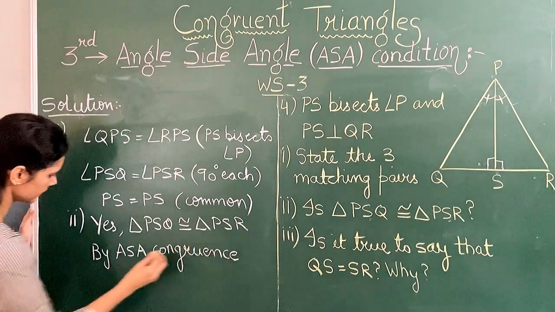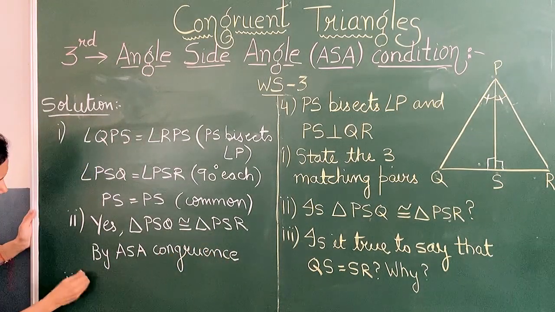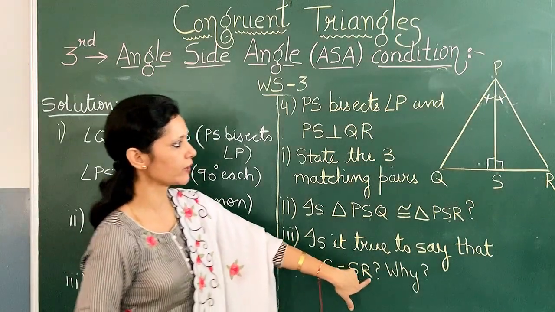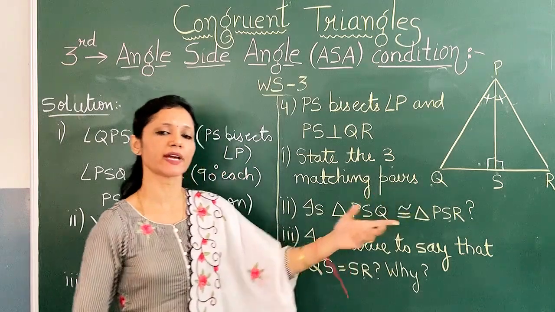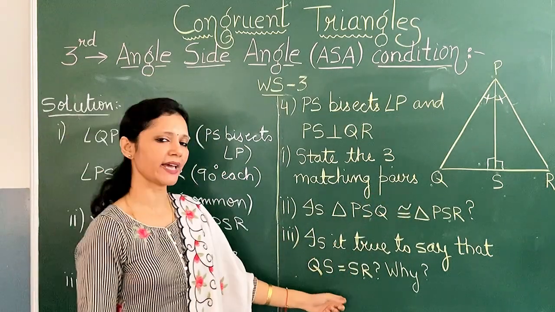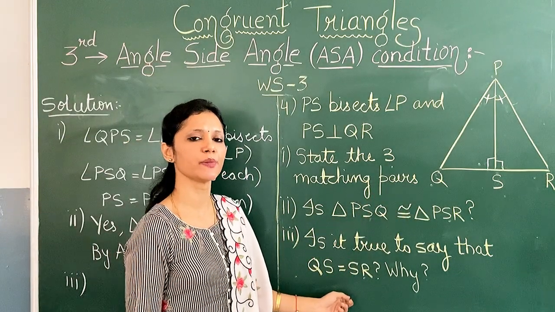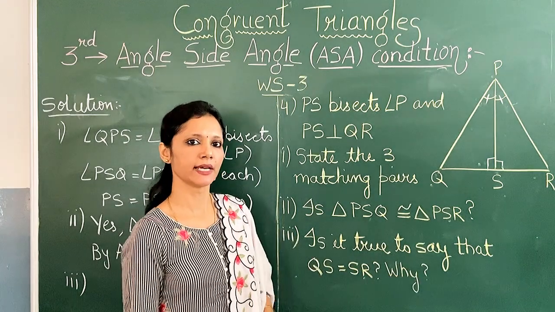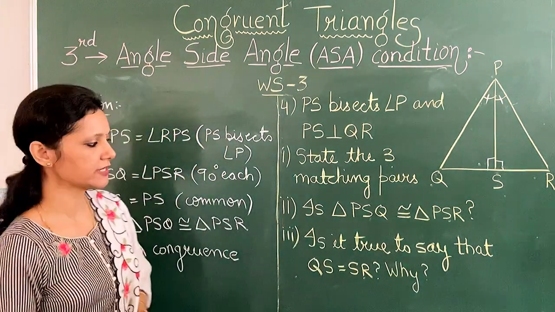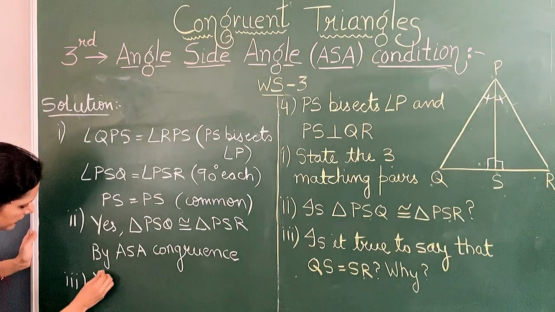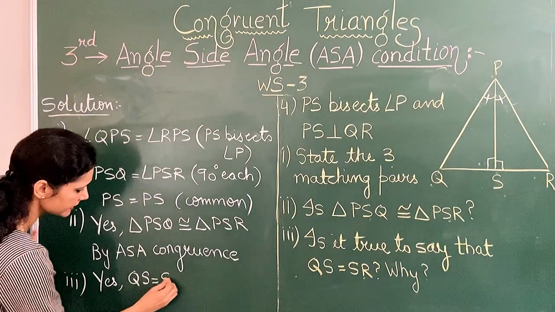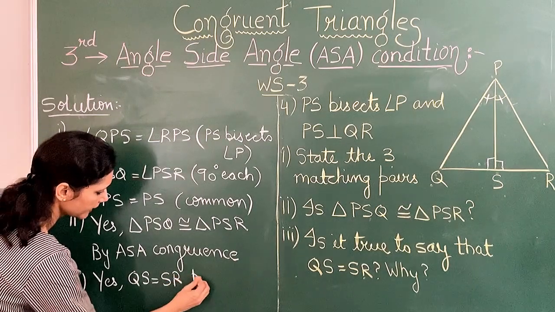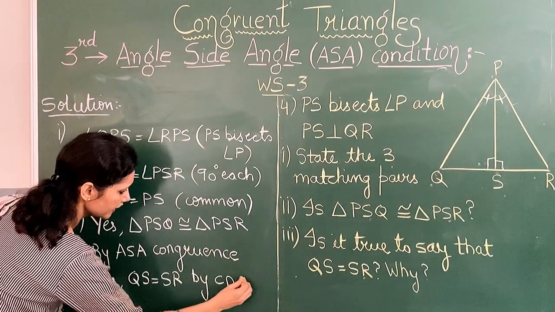And the third part is it true to say that QS is equal to SR? As I told you, once you prove the triangles are congruent, you can prove any additional information by simply saying CPCT. That is corresponding parts of congruent triangles. So the third part we will say yes, QS is equal to SR by CPCT.